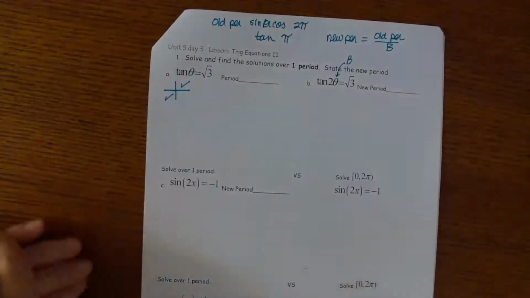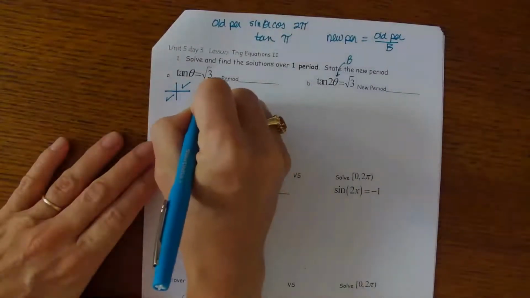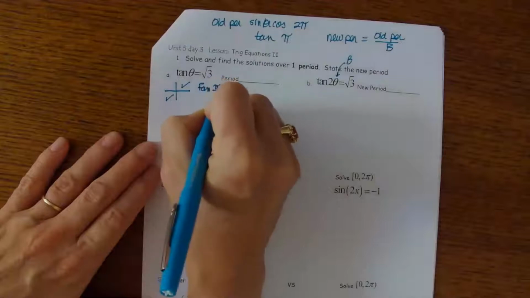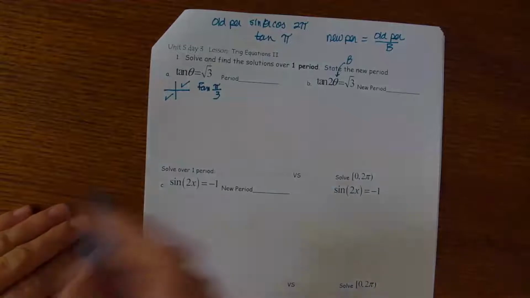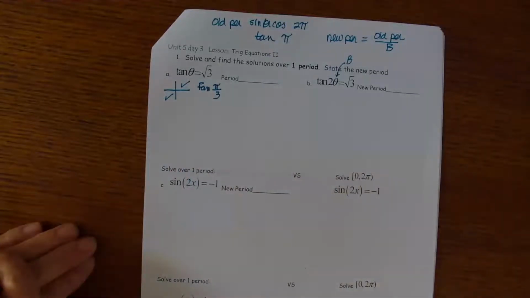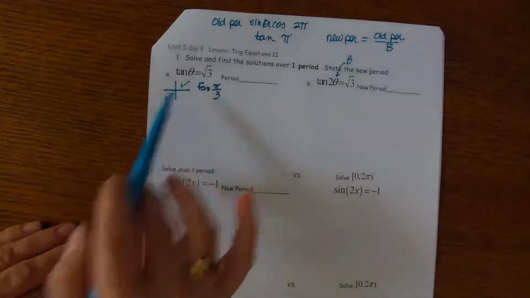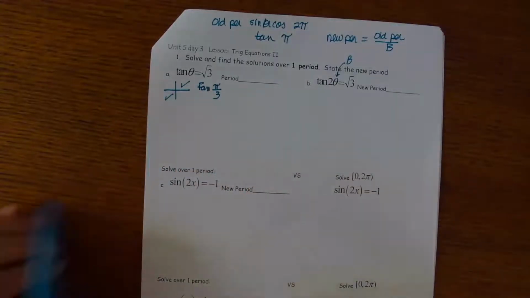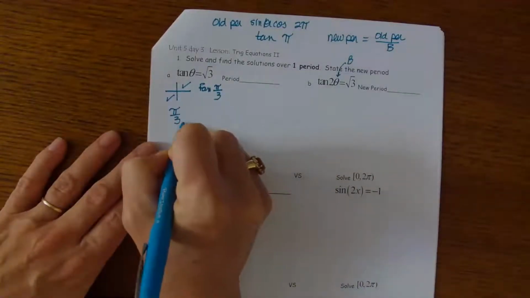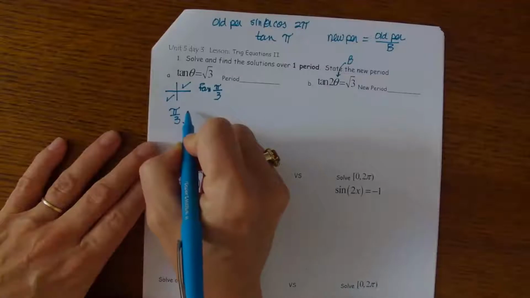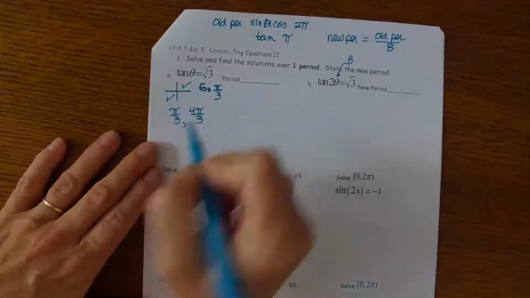And what family is tangent the square root of 3? The family pi over 3, right? That's a 60 degree. Once I know what family it's in, I need to identify the names in this location. It's going to get tricky. This is pi, this one is pi over 3, and this one is what? 4 pi over 3. Okay?